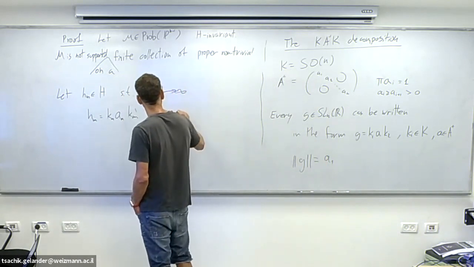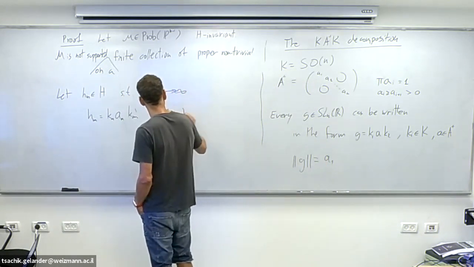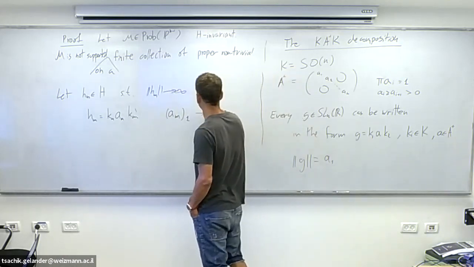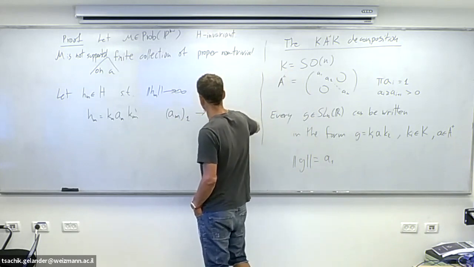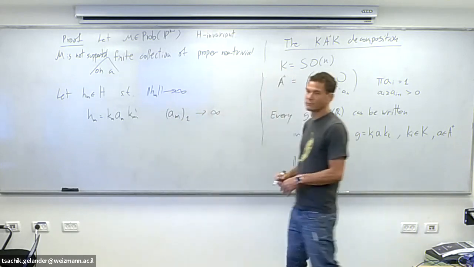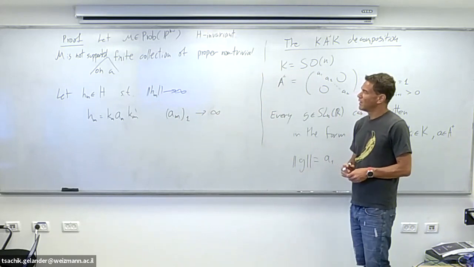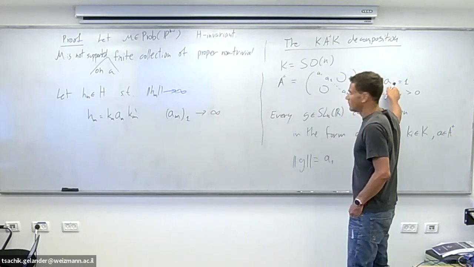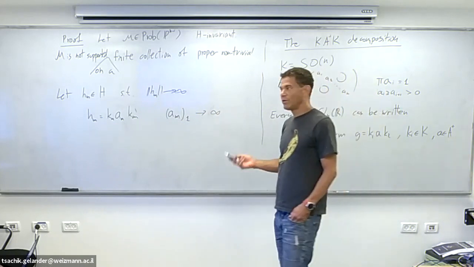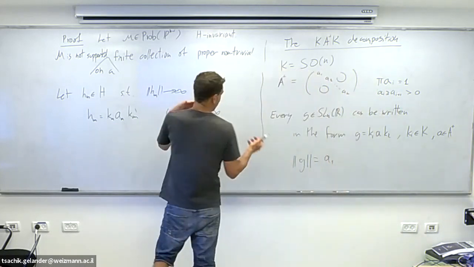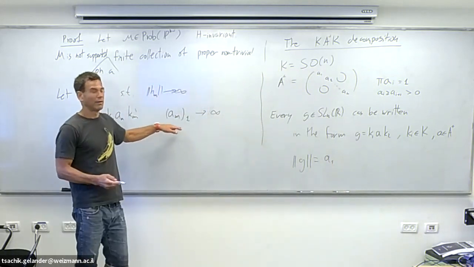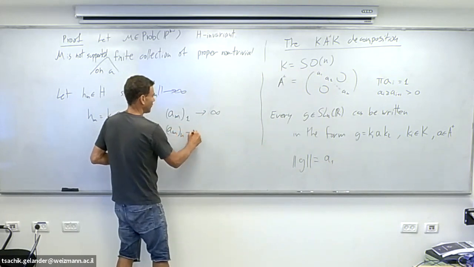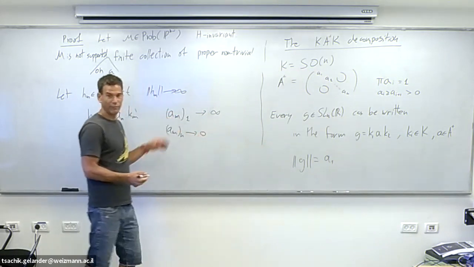And we know that A_m1, this A1, goes to infinity, up to moving to a subsequence, and the product of them is 1. So if A1 goes to infinity, then it means that A_mn goes to 0, because the product of them is 1.